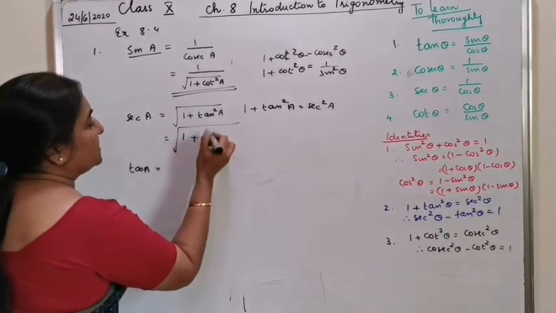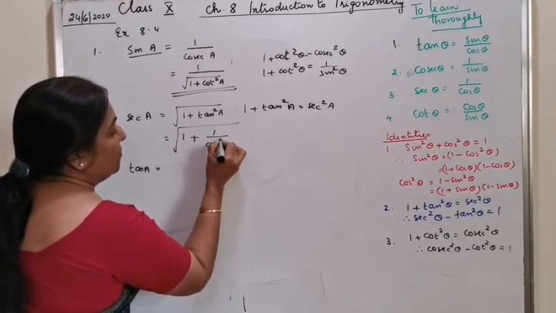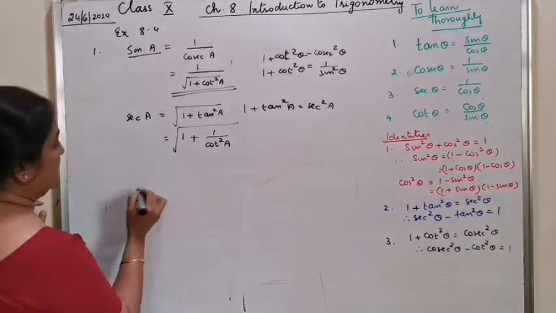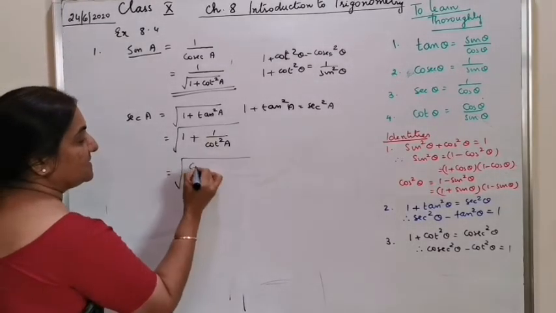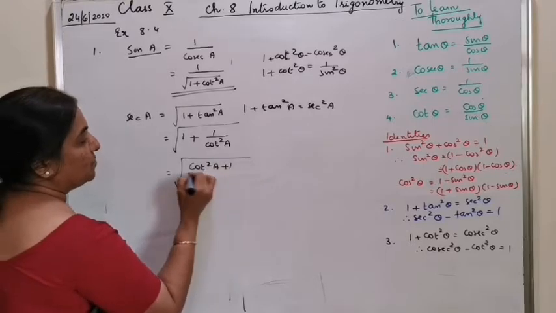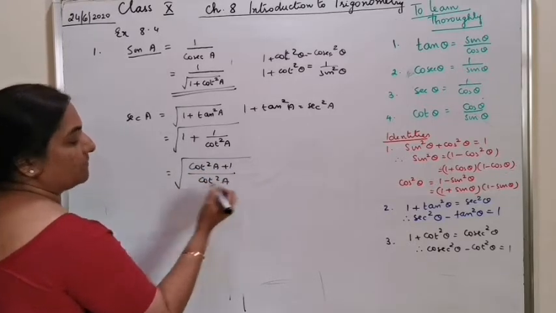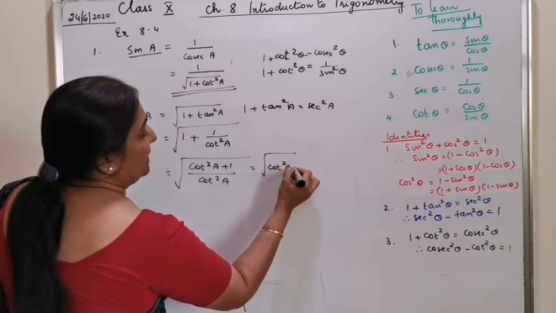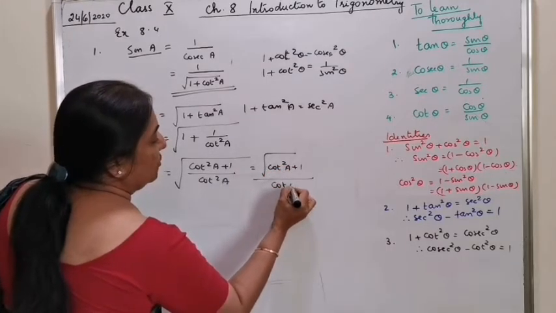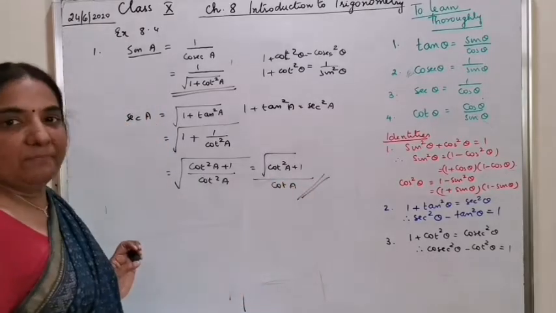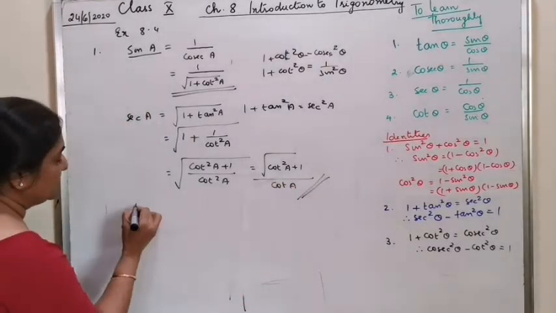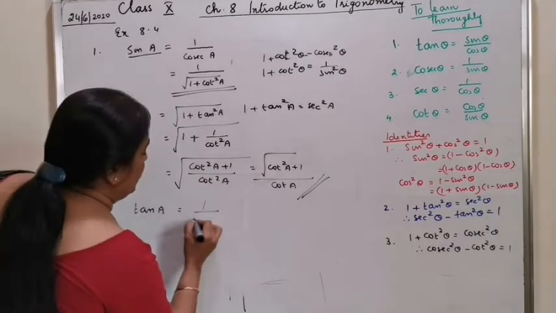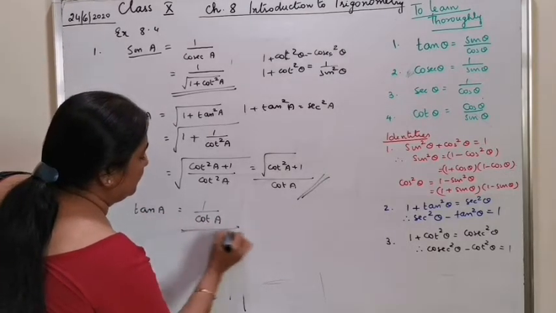That is, tan square A can be represented as 1 by cot square A, which can be again represented, with the LCM, as cot square A plus 1 by cot square A. It can be represented as square root of cot square A plus 1 by cot A. The third ratio, tan A, has to be represented in terms of cot as 1 by cot A.